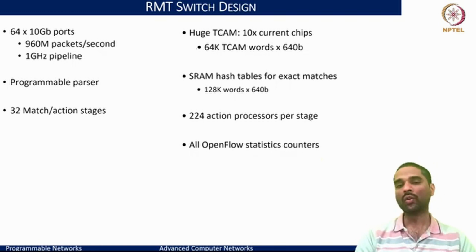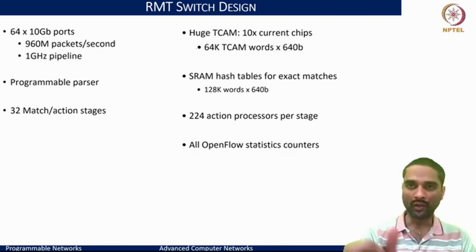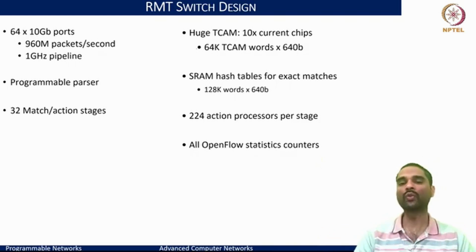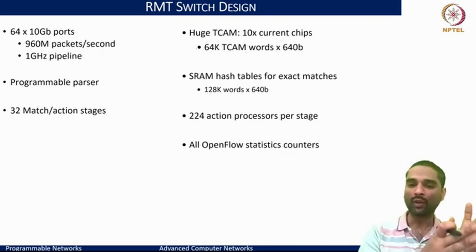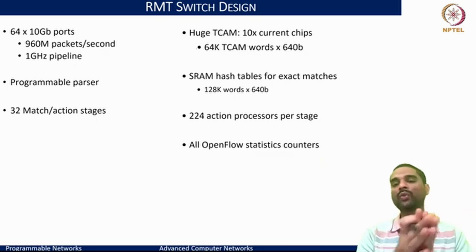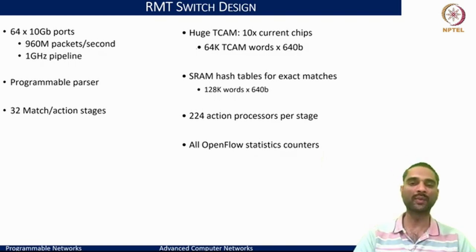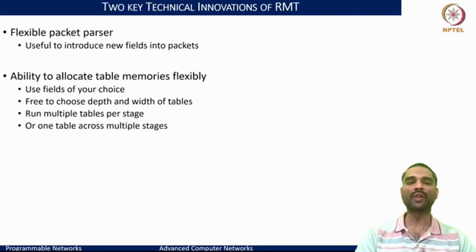And overall, the processing at each match action, with 32 stages on the ingress and 32 stages on the egress, requires 224 action processors that were set up per stage. So on the ingress per stage, you had 224 action processors that they would use to keep either the counters or take specific actions, and likewise. And this was the switch design.